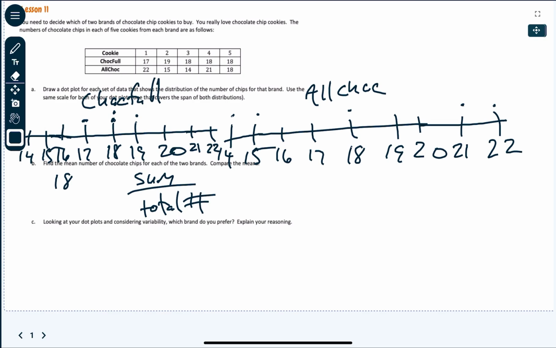Now, C, looking at your dot plots and considering the variability, which brand do you prefer? And explain your reasoning. Hannah, which brand would you prefer? And why?